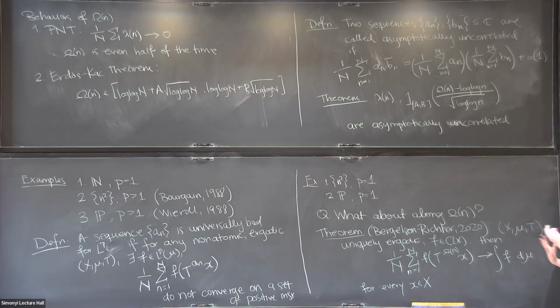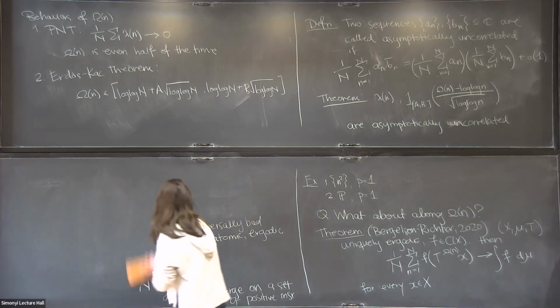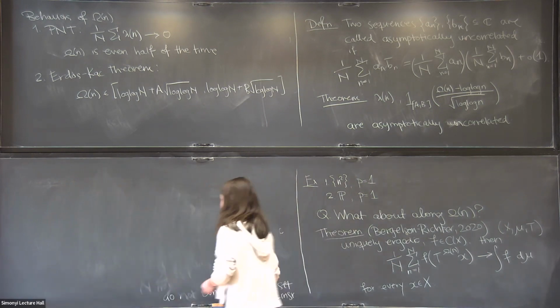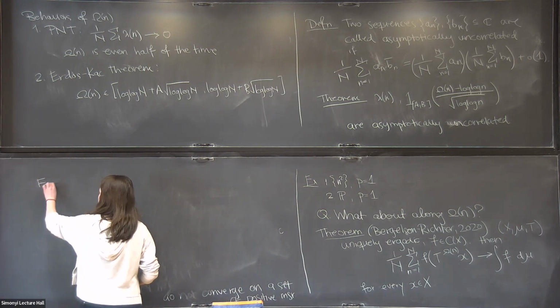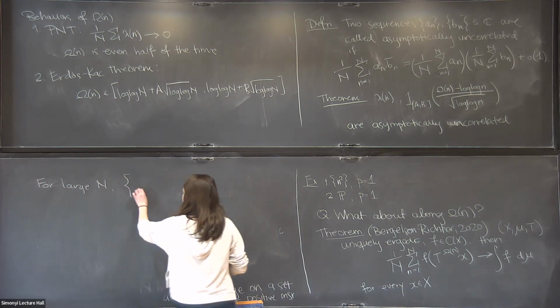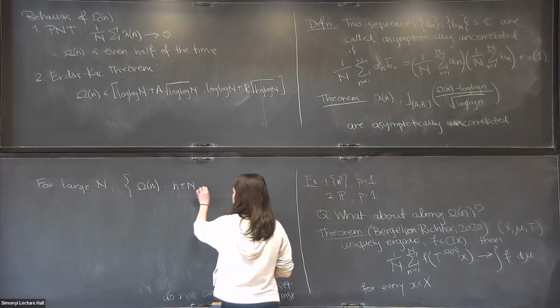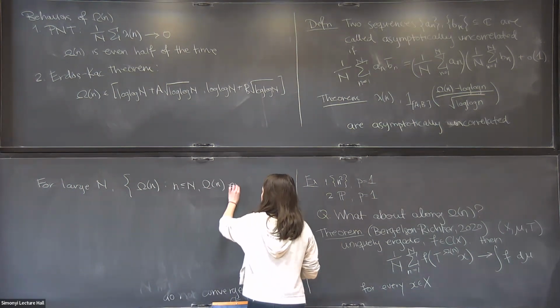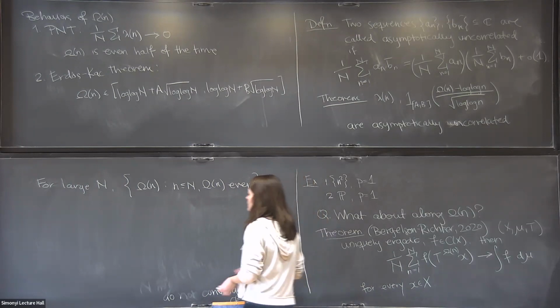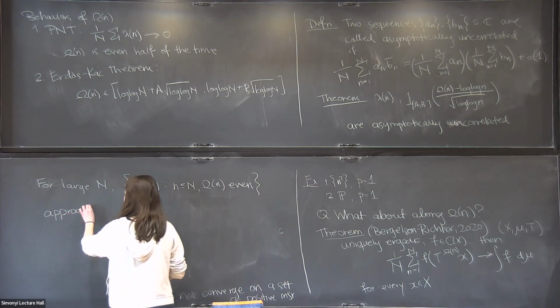Now if we were to interpret this from a number theoretic point of view, this is telling us that for large values of n, if we look at the first n terms of the sequence omega n, and we only restrict ourselves to the values which are even, then this still approaches a normal distribution with mean and variance log n.